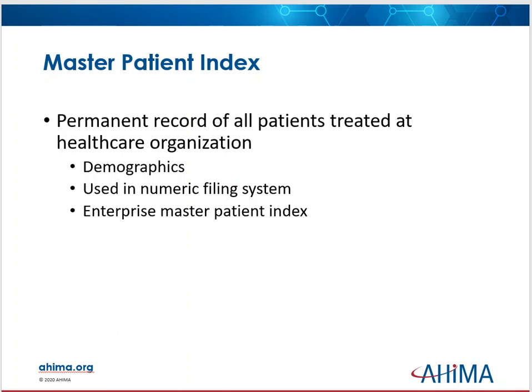And if there are multiple hospitals, and I'm going to pick on Northwestern again, they've got Lake Forest, the one downtown, the different medical groups, Valley West, the Huntley Hospital, the Woodstock Hospital. There are so many that are part of Northwestern. Each of them has a unique numbering system, but then all of them feed into one. So a patient has one enterprise master patient index.